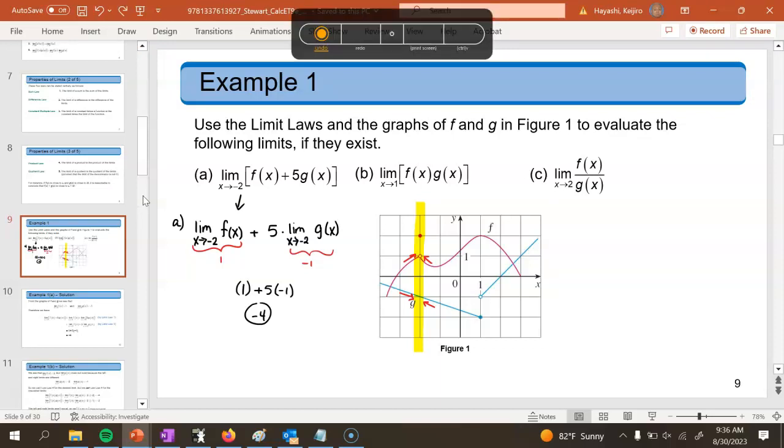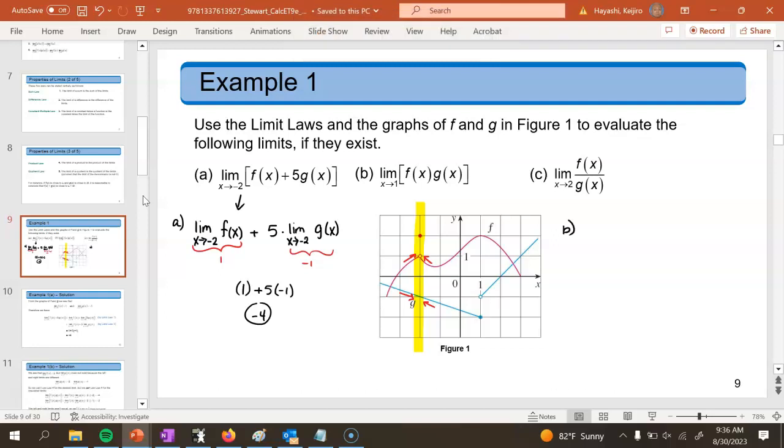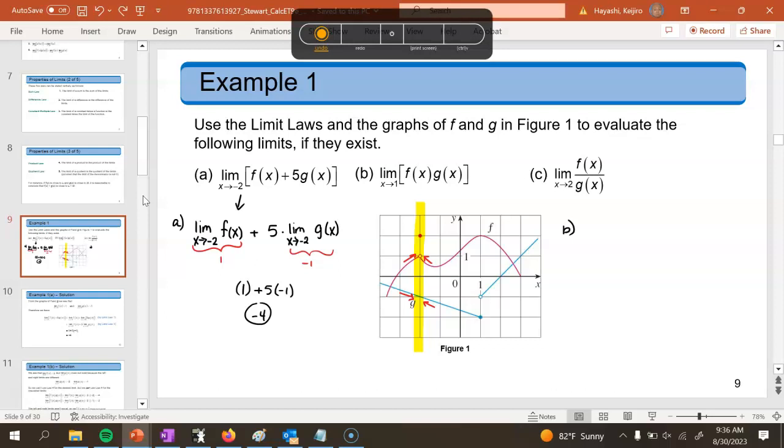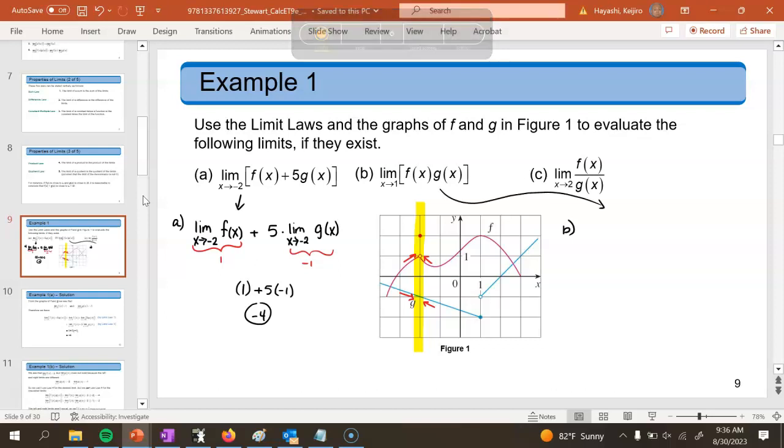Okay, so we'll do b now. We're looking for the limit as x goes to 1 of f times g. So given that that's a product, we can break it up as a product of individual limits.